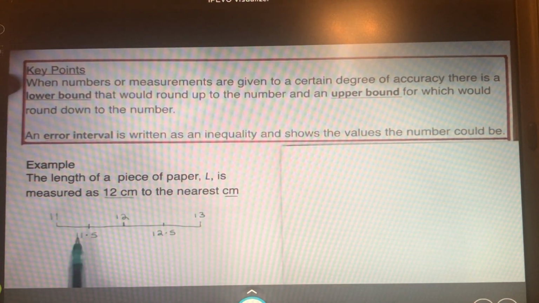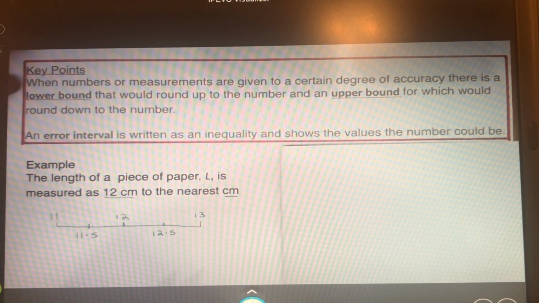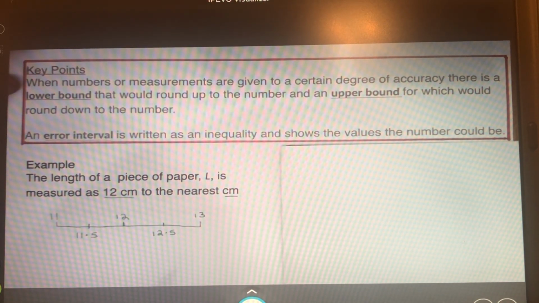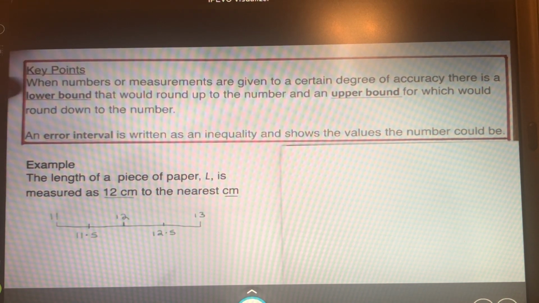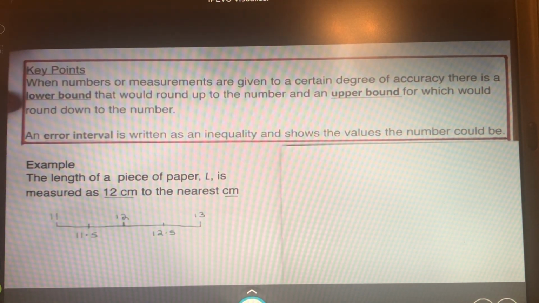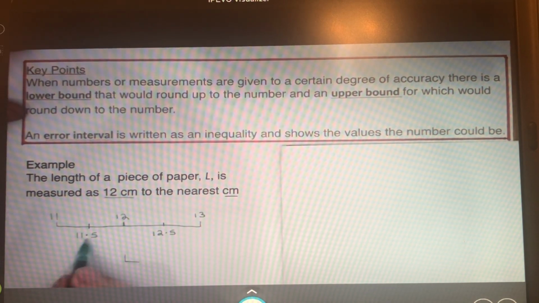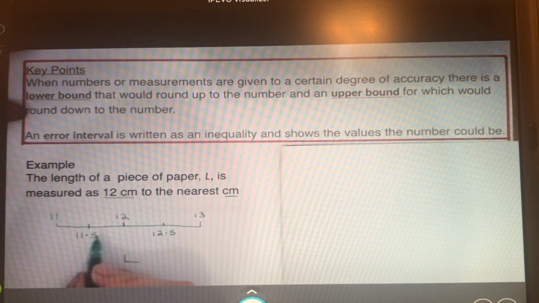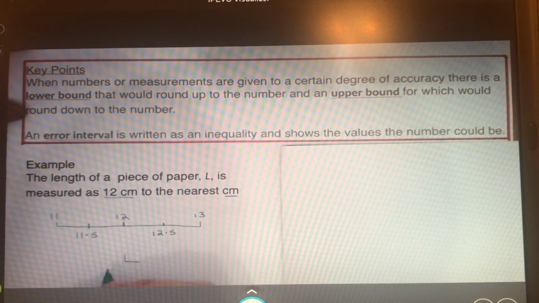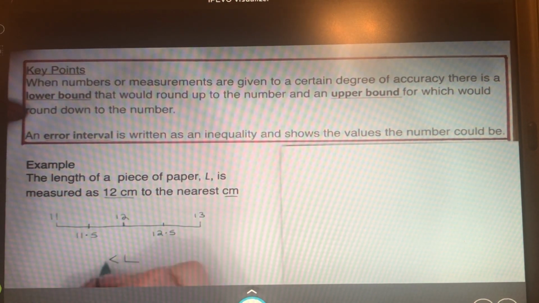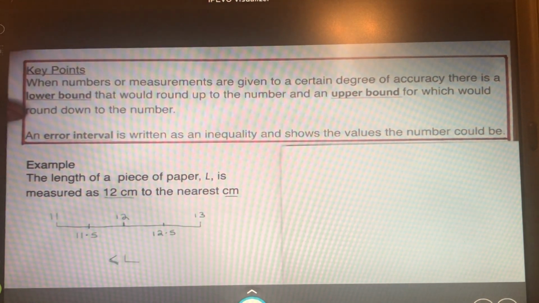Now our bounds tell us the boundaries of the number. It doesn't actually tell us the values that it could be. Okay, so that's why we use our error interval. So the 11.5 is included because it would round up to 12. So when we do our interval, we use our inequality signs.